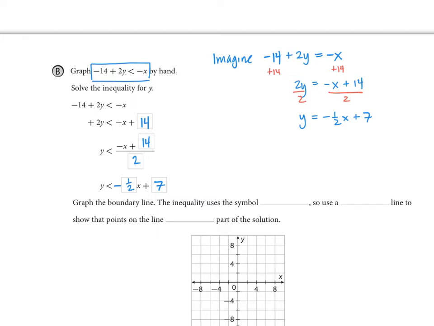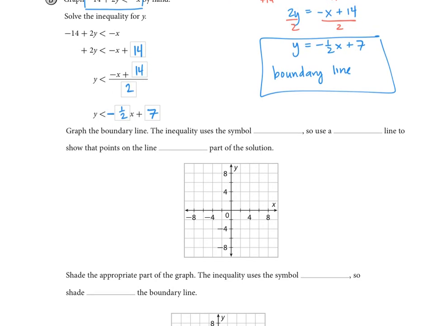Y equals negative 1/2 x plus 7, because that's going to be crucial in graphing a linear inequality. So we call this equation the boundary line, if you can graph it. This is the vocab word that's mentioned on the first page. So we're going to graph the boundary line. It tells you that in this next part here.